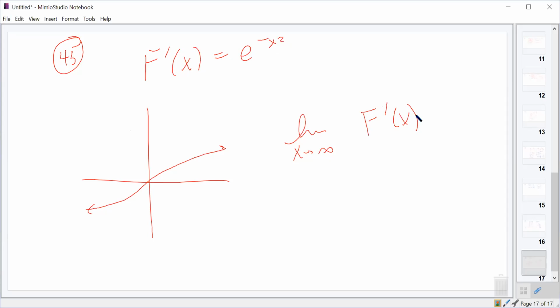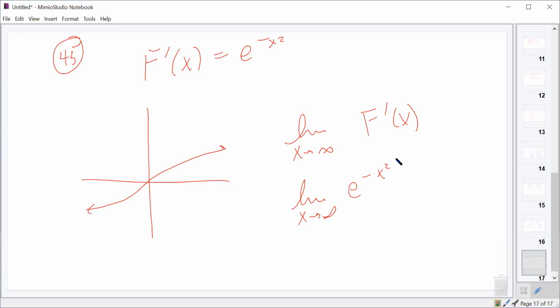So we're looking for the limit as x approaches infinity of f prime there, right? I can't see very well. I think so. Okay. So that's just the limit as x approaches infinity of e to the negative x squared.